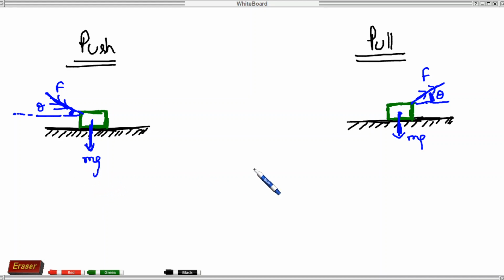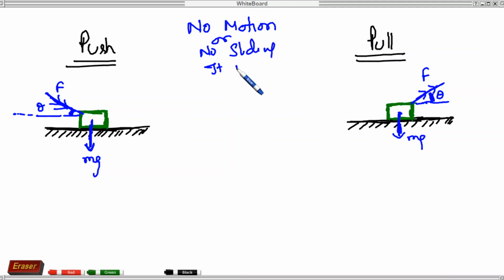Both these blocks are in equilibrium, which means there is no motion, no sliding, in both these cases, push and pull. So there will be a friction force.